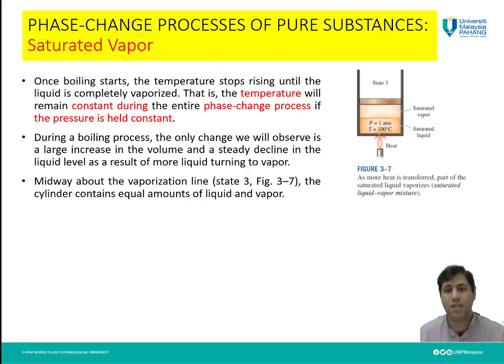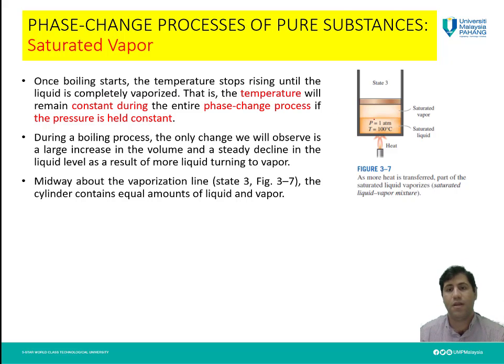Then, if we continue this heat addition to this system, water inside this cylinder, the boiling will start. Boiling means changing from the phase of liquid to gas. The temperature stops rising until the liquid is completely vaporized.